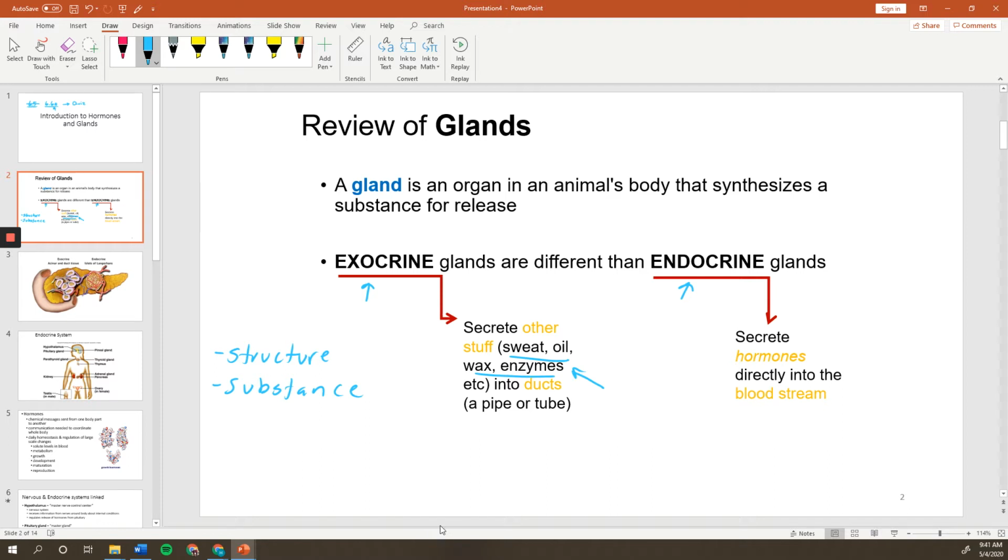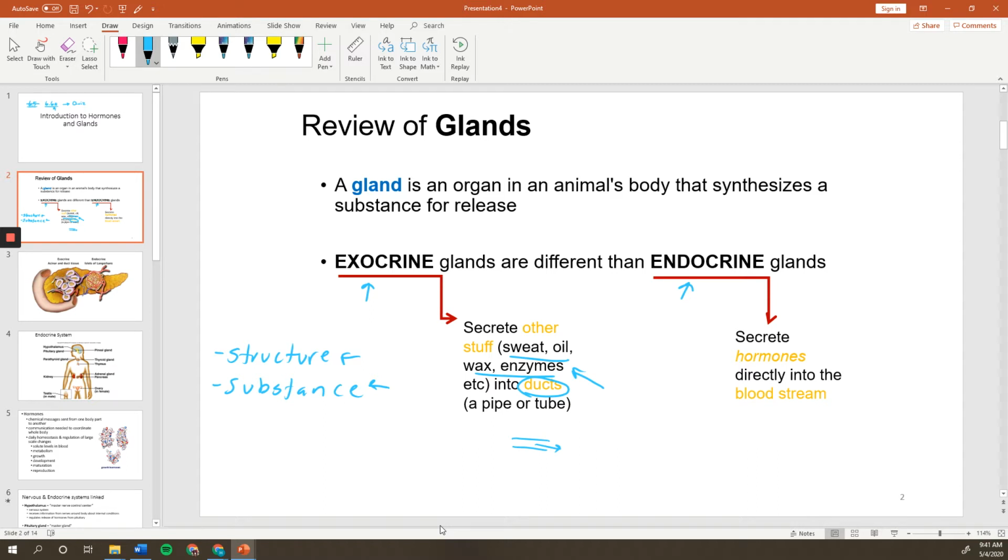That's the substance part for the exocrine gland, and it secretes substances into ducts, which are just tubes that go basically to an epithelial surface. So it might be secreted into the stomach or the small intestine or onto the skin in the case of sweat, right? Or oil.